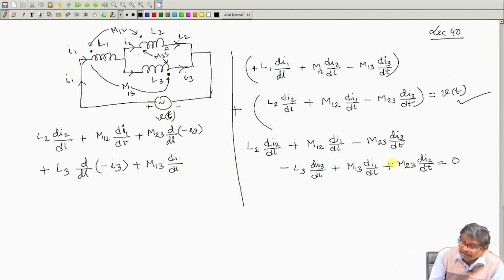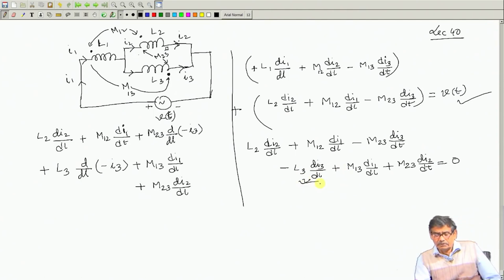So, plus M13 di1/dt, dot entering dot here, and finally, this 2 through the dot entering. So, right hand side will be there M23 di2/dt. This negative sign is this negative sign. Anyway, we will be able to write down the KVL equation correctly, provided I know the dot conventions.